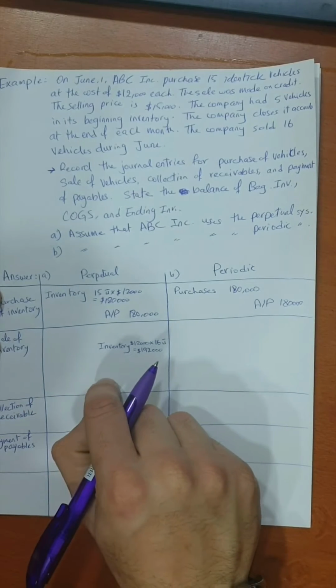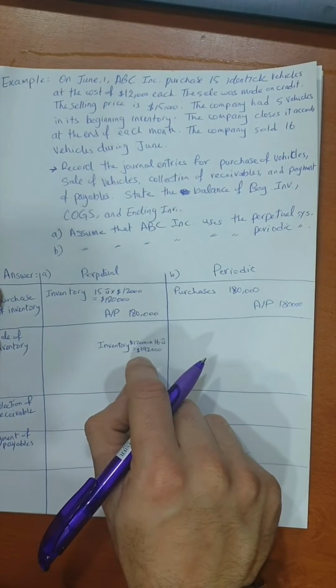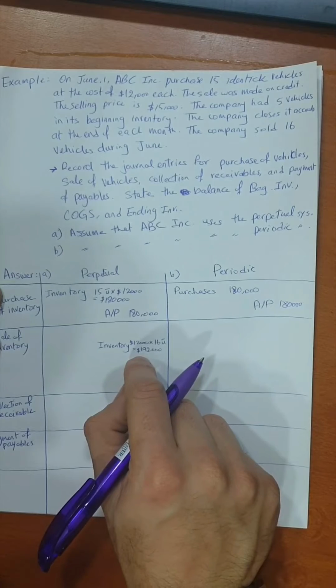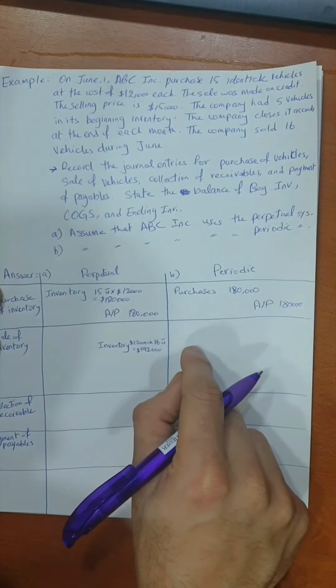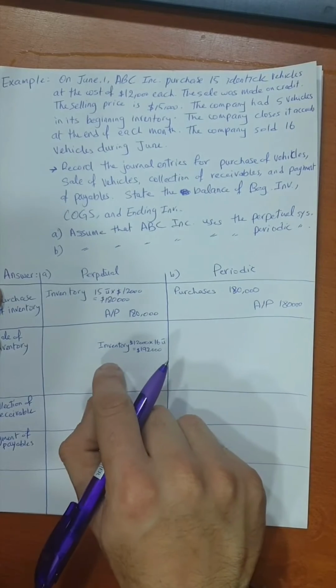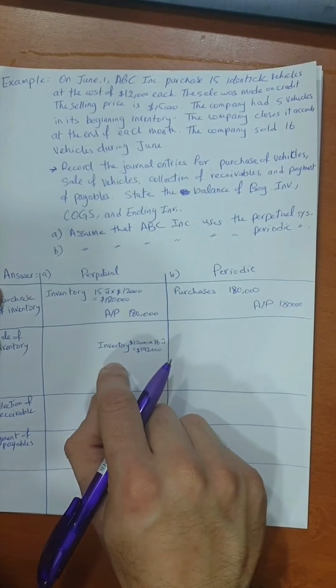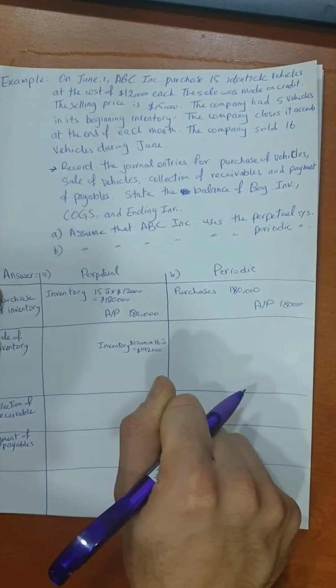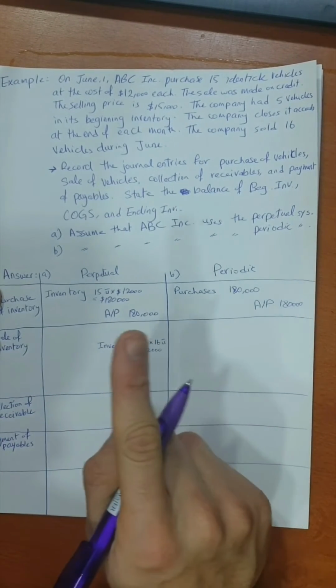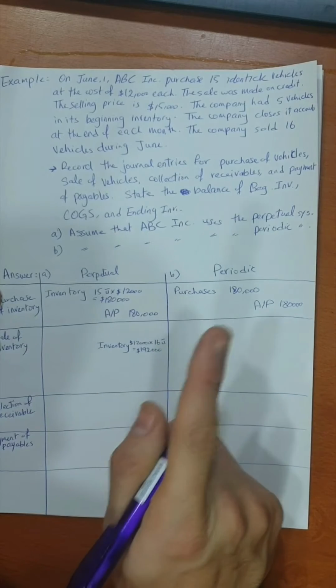When cost of goods sold increases, what happens to owner's equity? Owner's equity decreases. Why? Because retained earnings decreases, because net income decreases when cost of goods sold increases. And therefore, in order to know whether cost of goods sold increases by debit or credit, think about owner's equity. Owner's equity increases by credit.